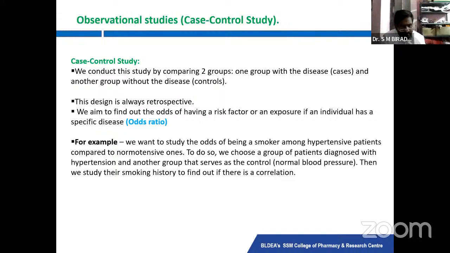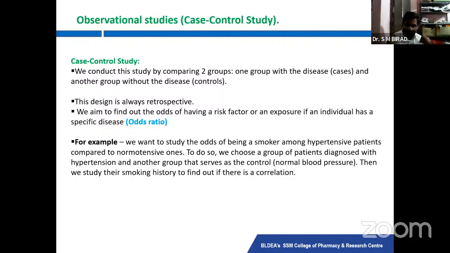Then we study their smoking history to find out if there was a correlation. The same study applies to this example also, because here we have classified two groups: one is the hypertensive group, another one is the non-hypertensive group.